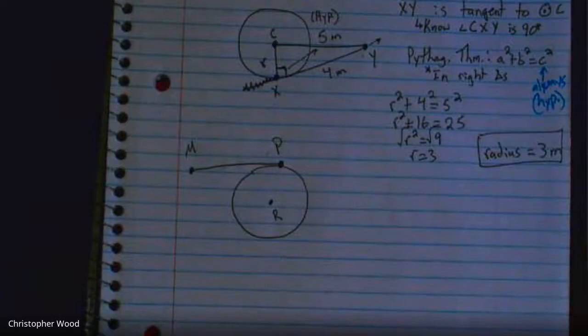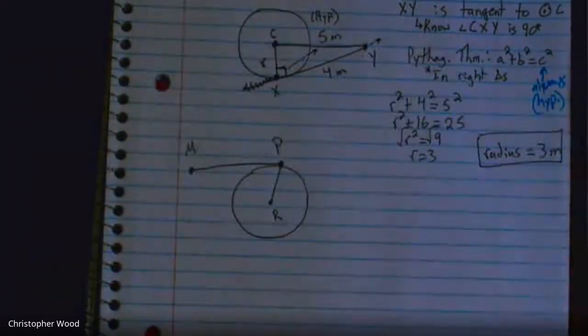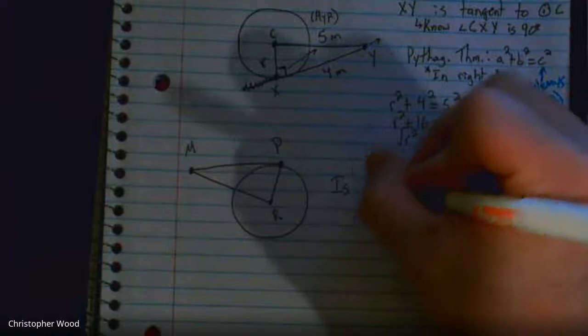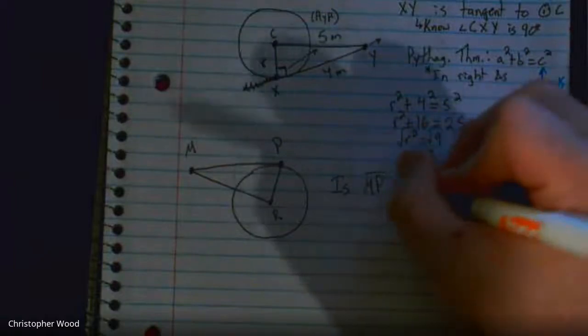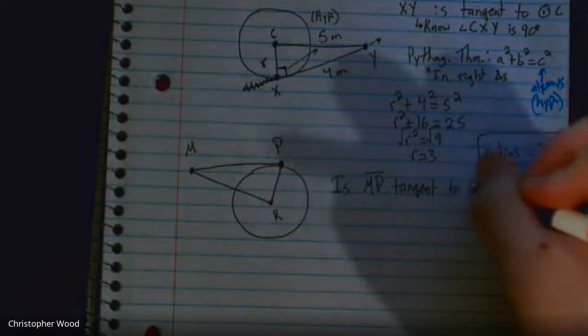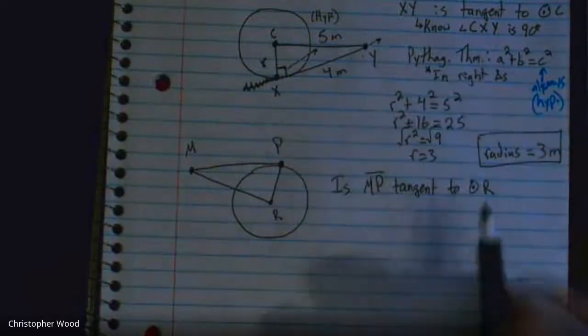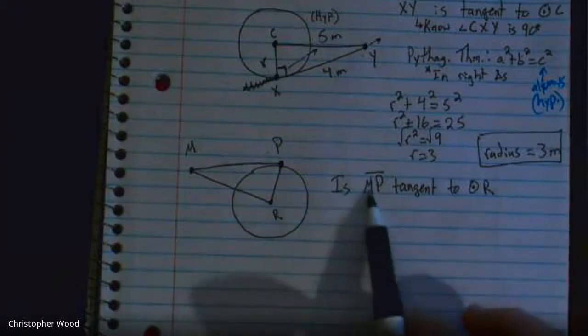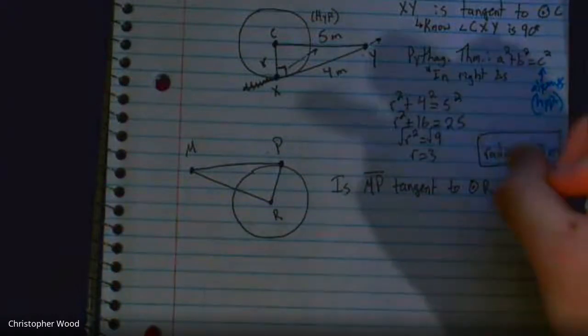So if I have MP and R, my question to you is: is segment MP tangent to circle R? It's the symbol for circle with a dot in it, R. So is segment MP tangent to circle R?